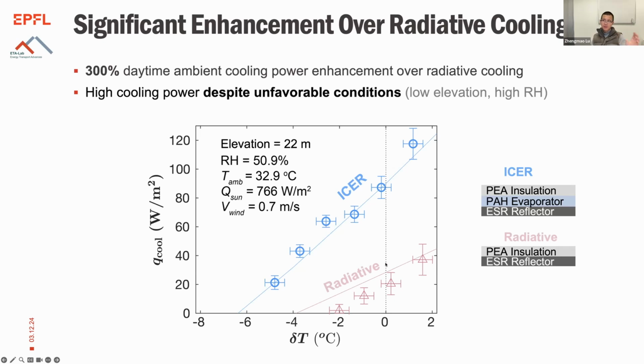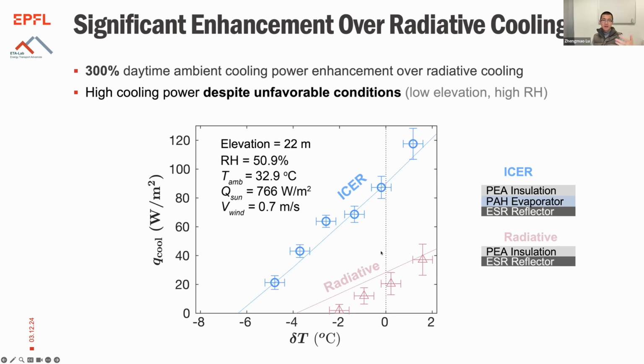And because water absorbs some of the IR emission, if you have a humid day, the atmosphere is not that transparent in the mid-IR transparent window. And that's why in pure radiative cooling, when the RH is high, the cooling power is not that useful anymore.